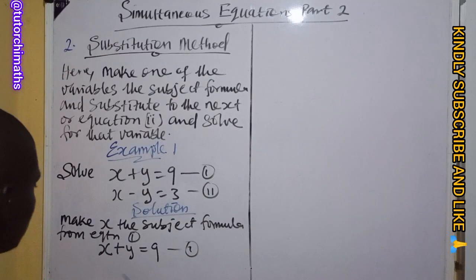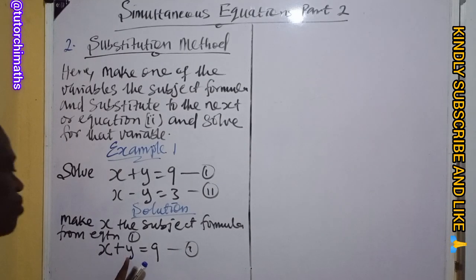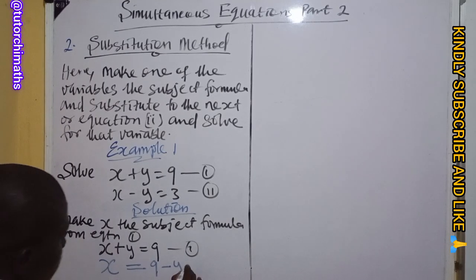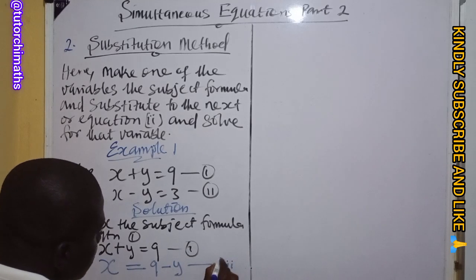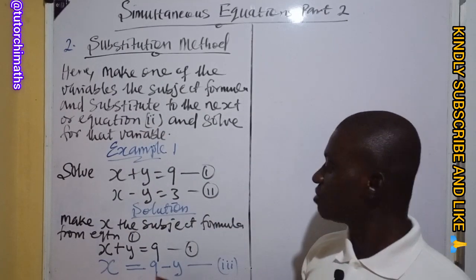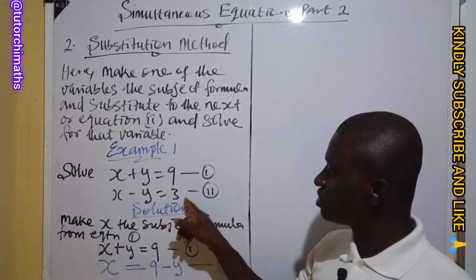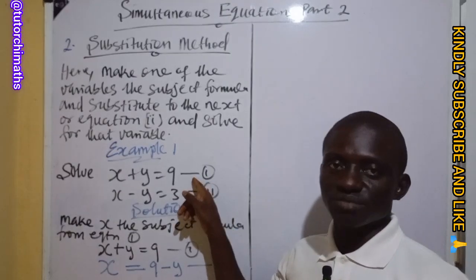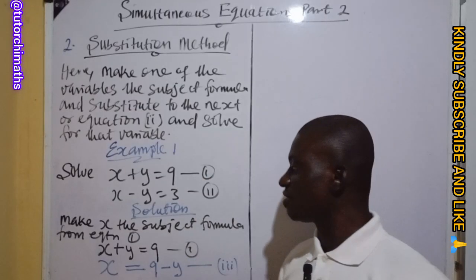Then to make x the subject of the formula here, I will move this y to the right-hand side so that I will have x is equal to 9 minus y. I'm going to call this equation 3. So I'm going to use this equation 3 to substitute in equation 2. Remember, you're not going to substitute it back in equation 1 because that's where we derived this formula from.